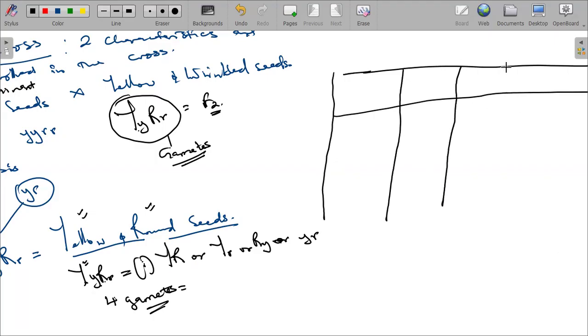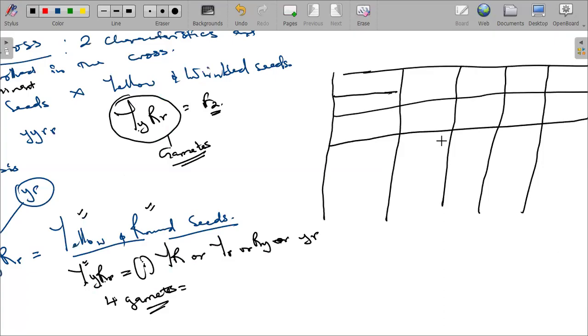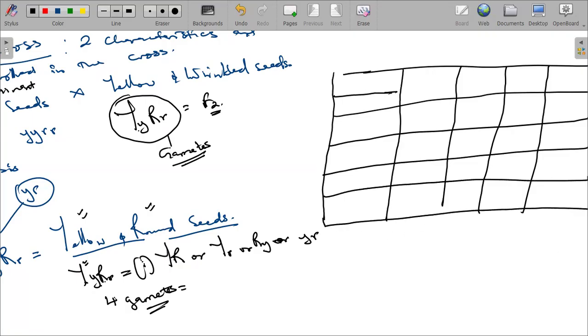One, two, three, and four. We have got one, two, three, and four there. So what we are saying is that our gametes are these ones.